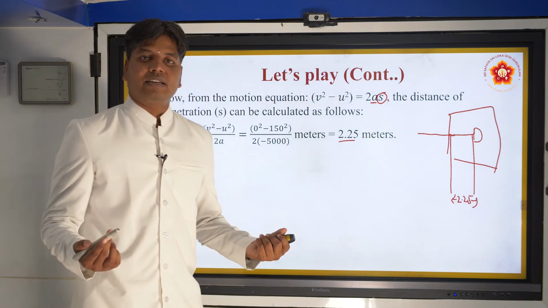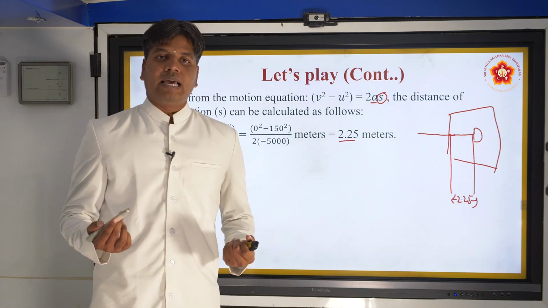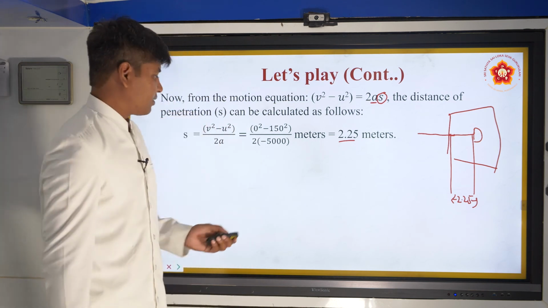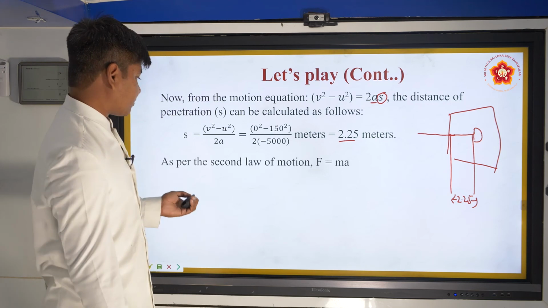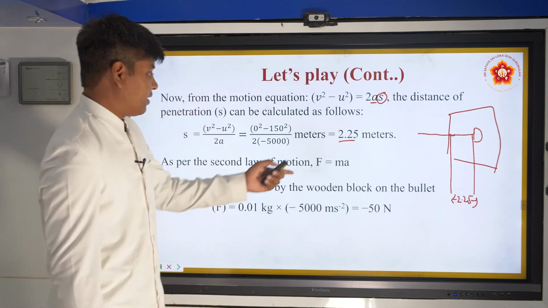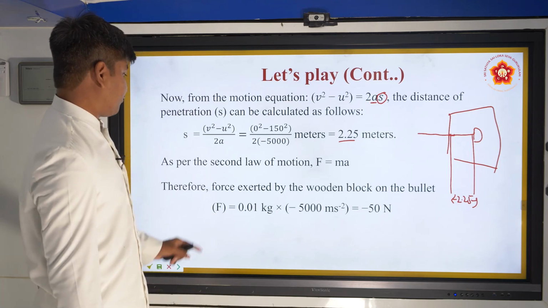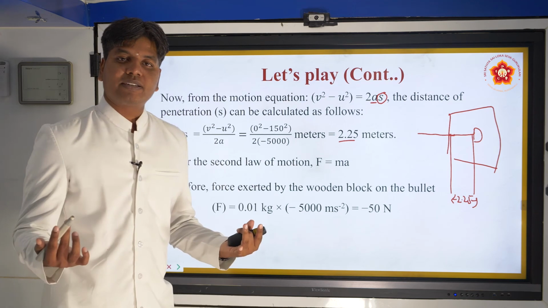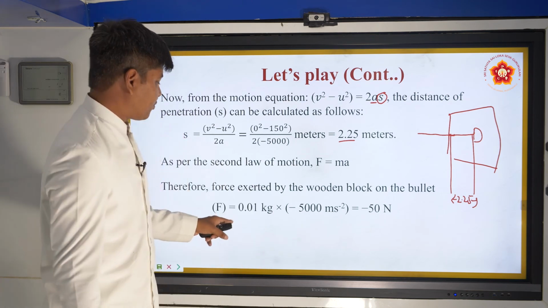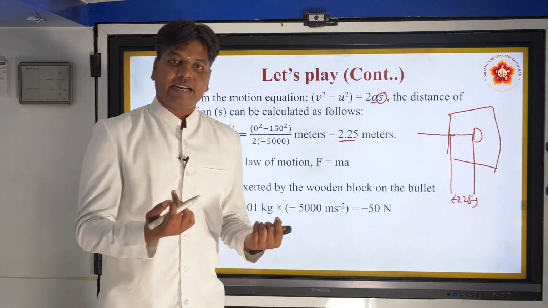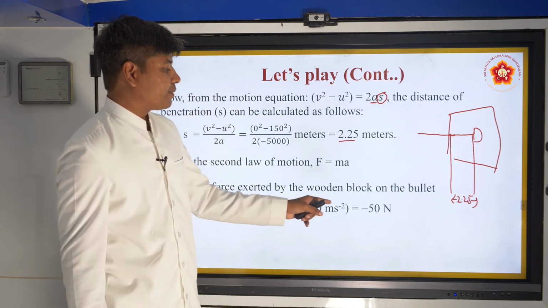Now the last thing, we have to calculate the force applied on the bullet by the block to stop it. So you know, as per the second law of motion, force is F equal to ma. So the force exerted by the wooden block on the bullet: what is the mass of the bullet? 0.01 kg. What is the deceleration it is getting? Minus 5000 meter per second square.